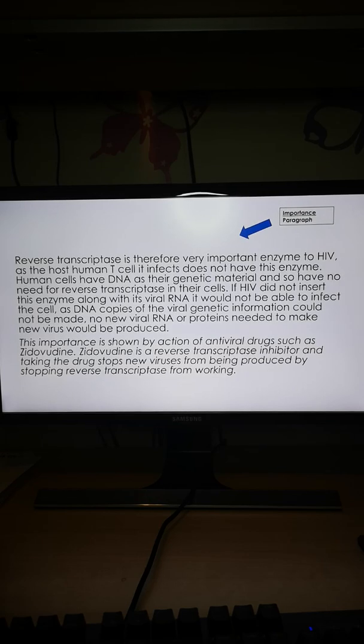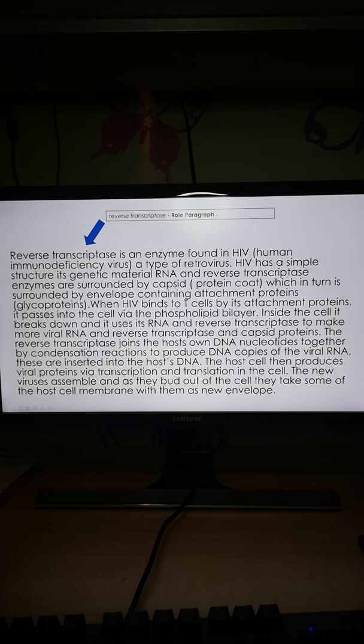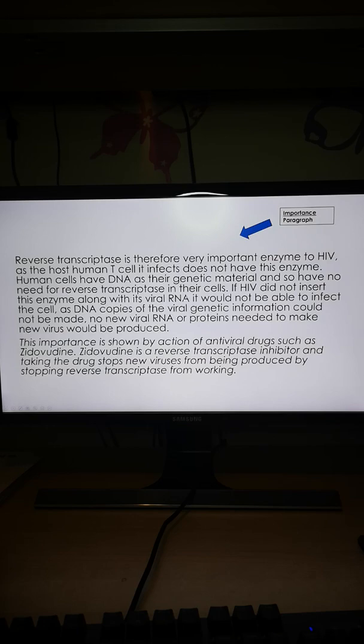Okay, so have a go. Simply any enzyme, any protein, it could be antibodies. So you could talk about antibodies and their importance, what they do, and then what would happen if you didn't have them.